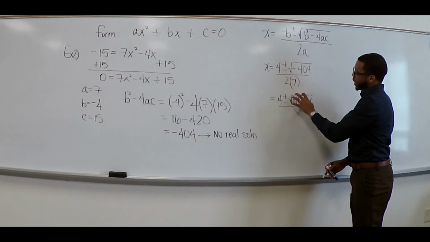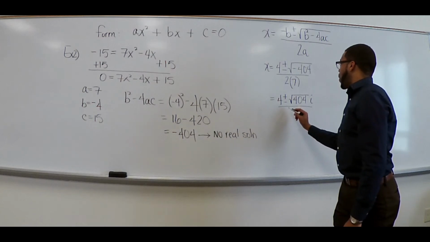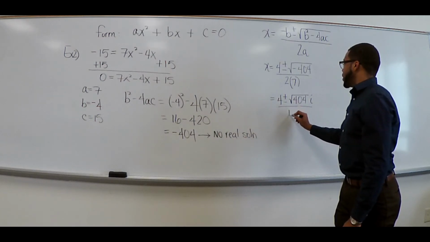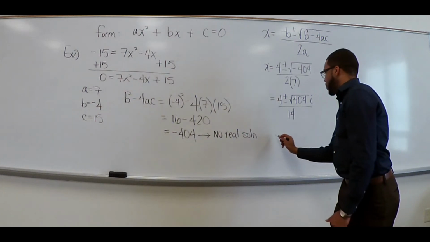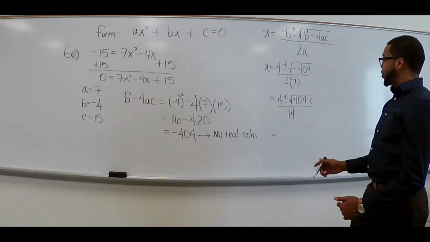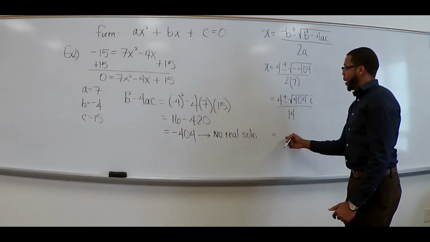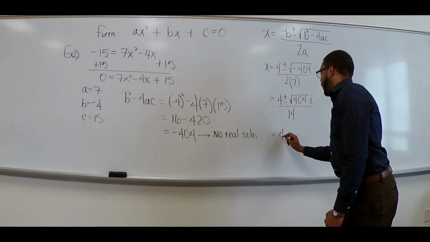The remaining component, the 404, stays under the radical, all over 14. Now, if we're going to simplify this guy all the way out, in the real number system, you don't have to. You just say no real solution. But if we're in the complex number system, we'll go ahead and break this down.